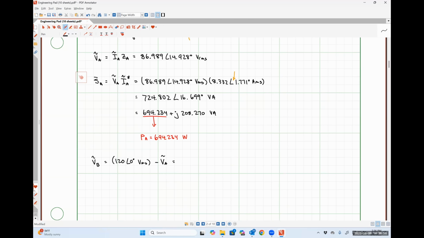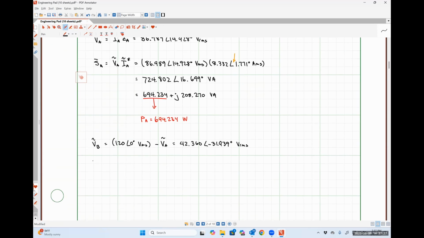So 120 minus what I have in my calculator as Y, I get a voltage of 42.360 with an angle of negative 31.939 degrees volts RMS.